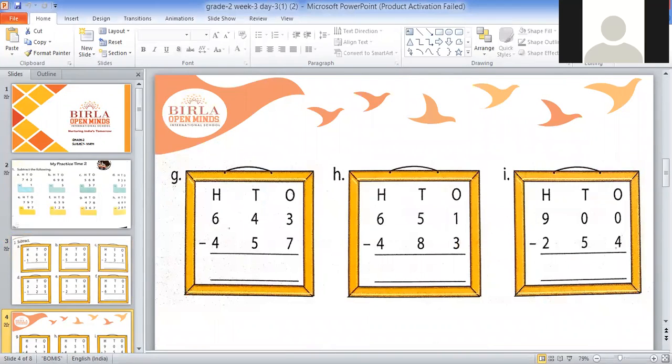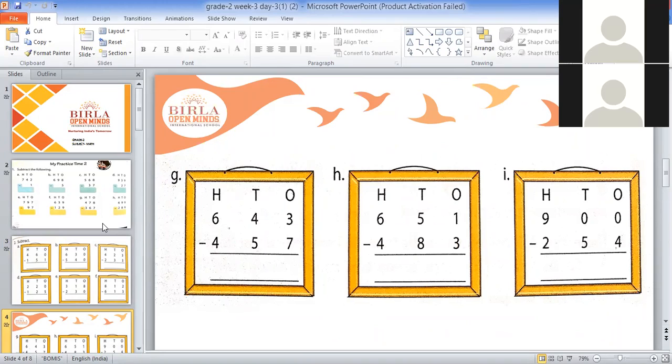Bit G. Lohit, read question number G. Bit G, Lohit, read that question fast. Yes, read question number G quickly. No, you have to read this number together.